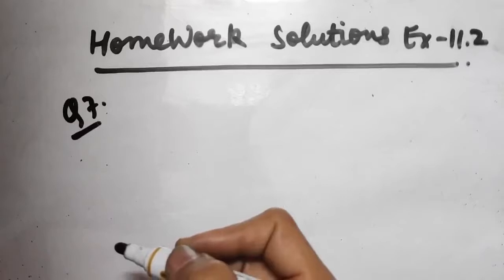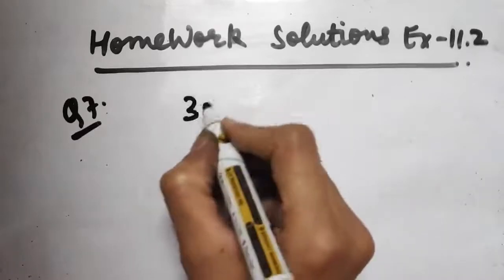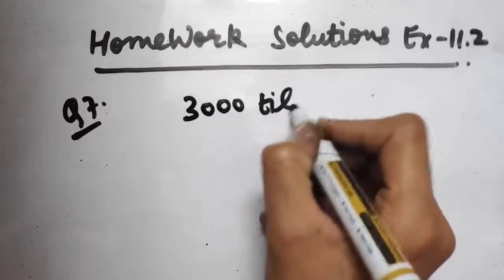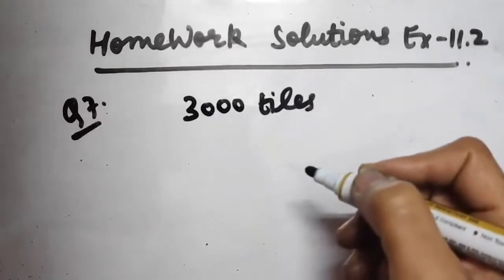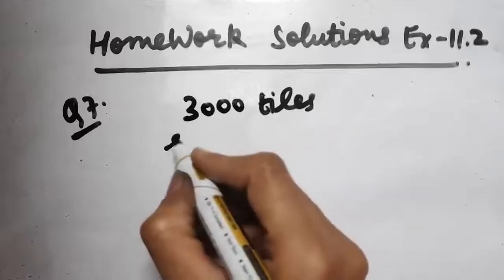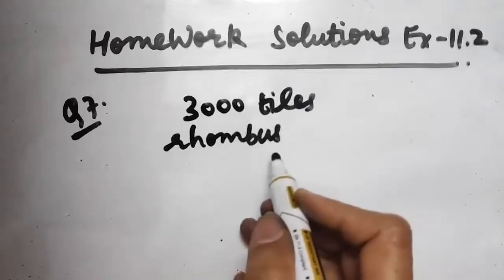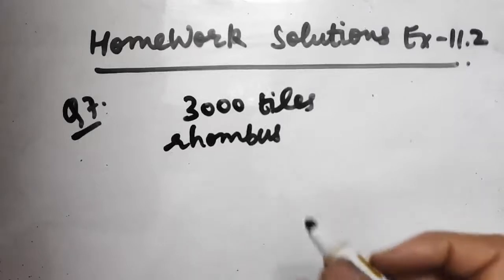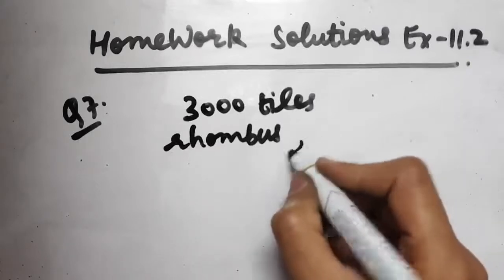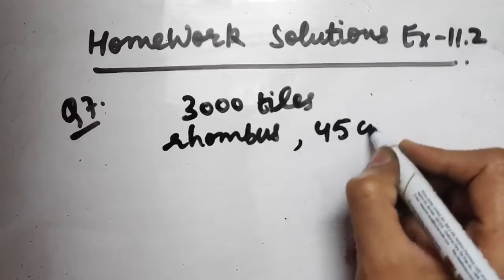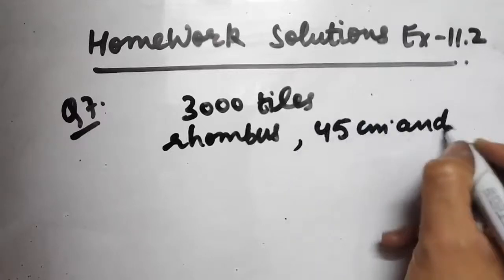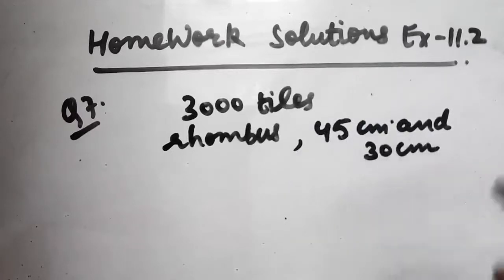Question number 7 is, the floor of a building consists of 3000 tiles which are rhombus shaped. The shape of the tile is given to us, that is rhombus, and each of its diagonals are 45 centimeter and 30 centimeter in length.